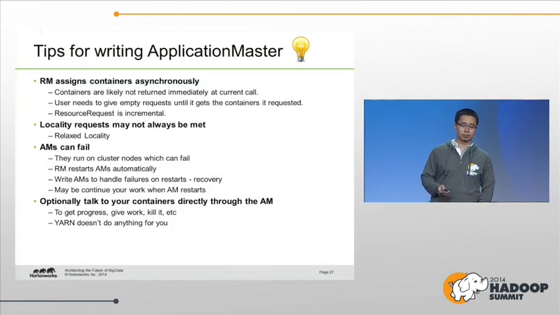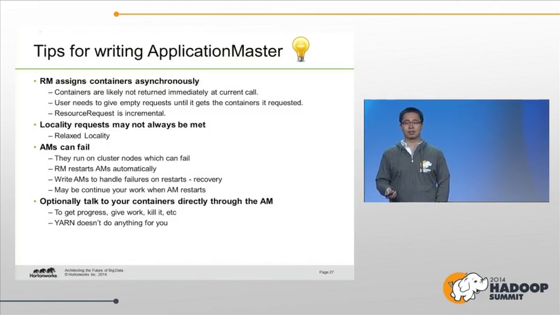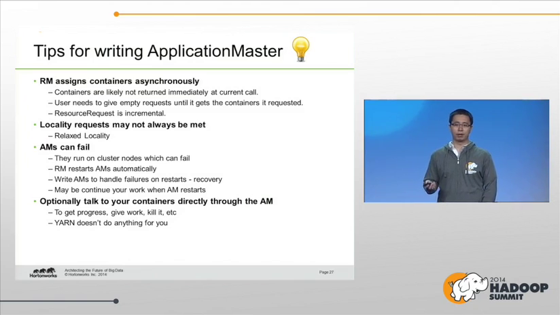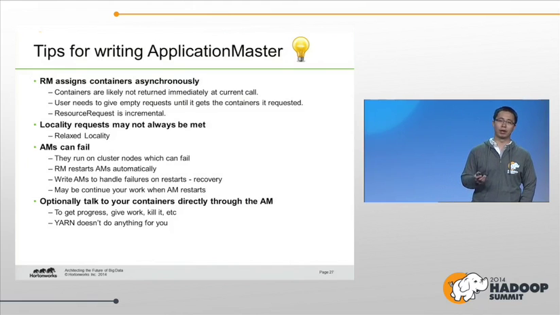And the third thing is AMs can fail. This is because it's a distributed system. The cluster can fail here and there. Your application master may fail for some reasons. But the good thing is that Yarn has provided you the mechanism. It can help you to restart your application master when it fails.